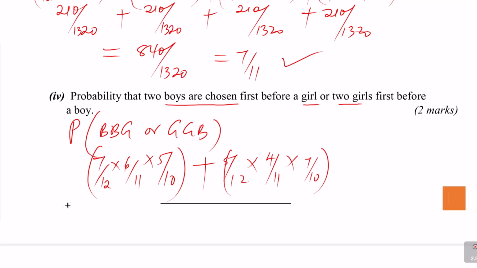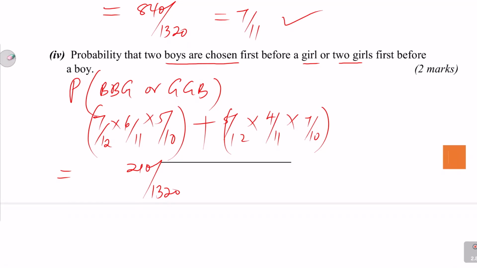When you multiply these, you get 210 over 1320 for the first, plus 20 times 7 on 40 over 1320.